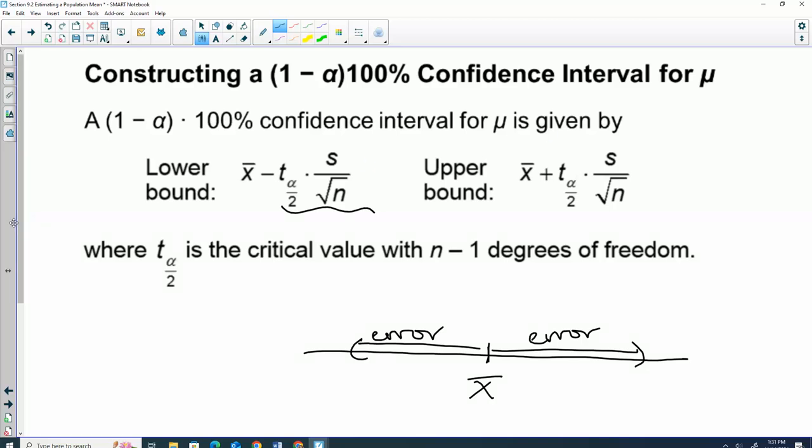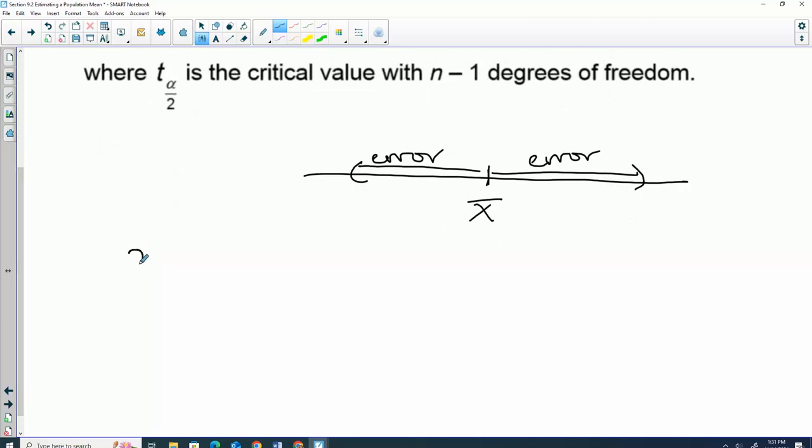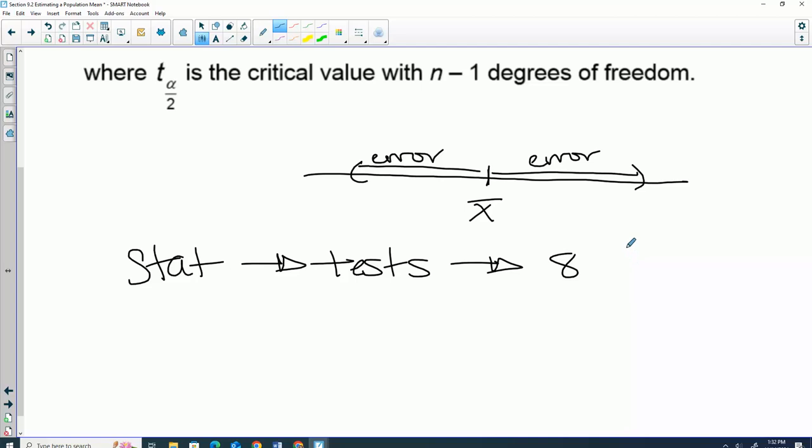On the calculator, this one will be under stat tests. And if you go down, it is number 8, the t interval.